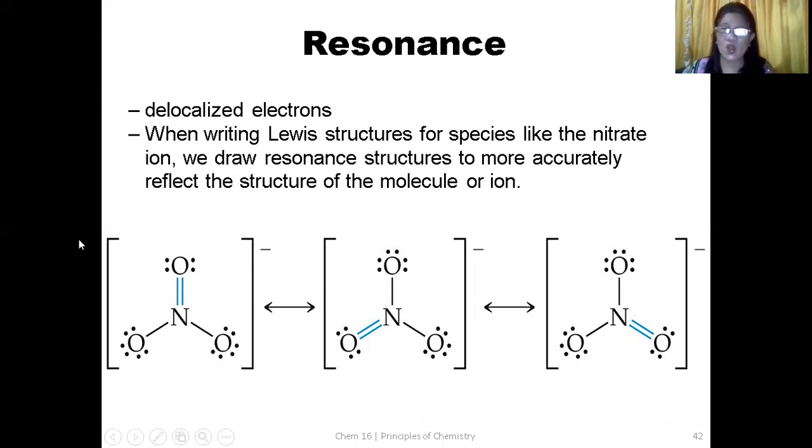Why? Because the electrons are delocalized. They are moving. That is what is meant by resonance. They have the same molecular formula, NO3. But if you write the structural formula, it will be different, but they are still the same because of the presence of the double bond.